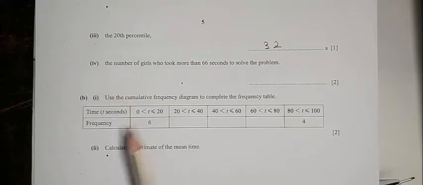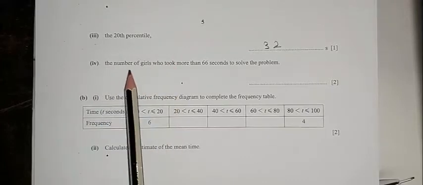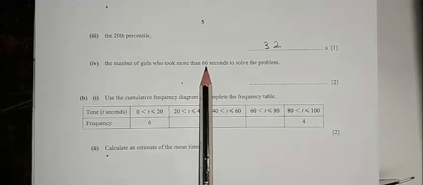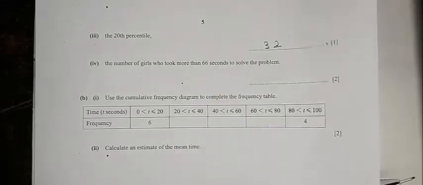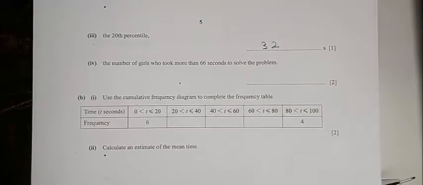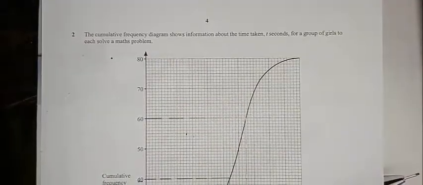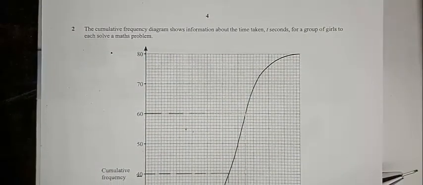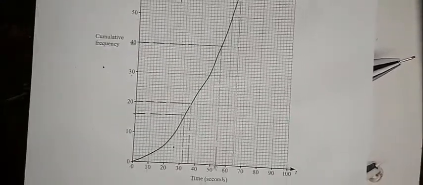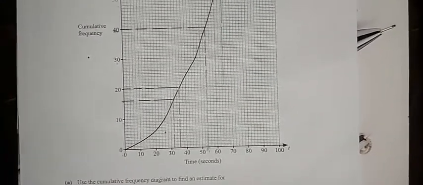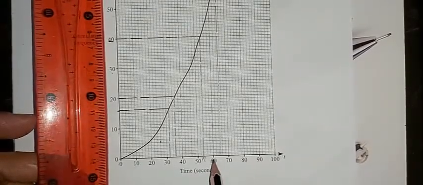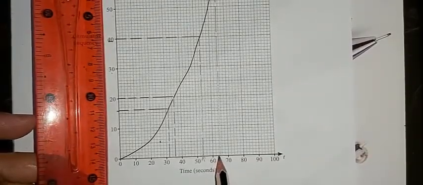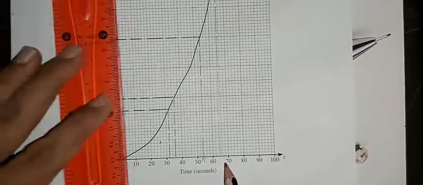In the last part of A, we need the number of girls who took more than 66 seconds to solve the problem. We will go to the diagram again. 66 seconds. 66 is here: this is 60, 62, 64, 66.